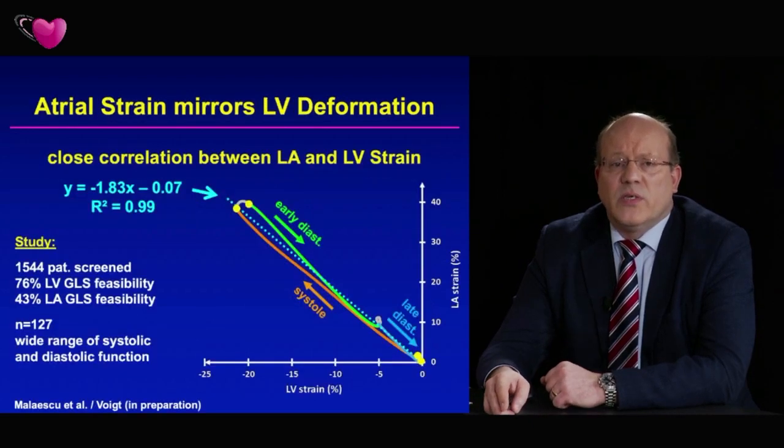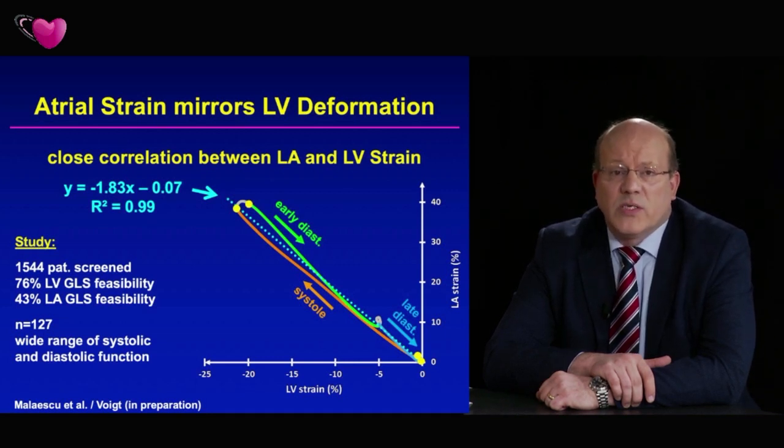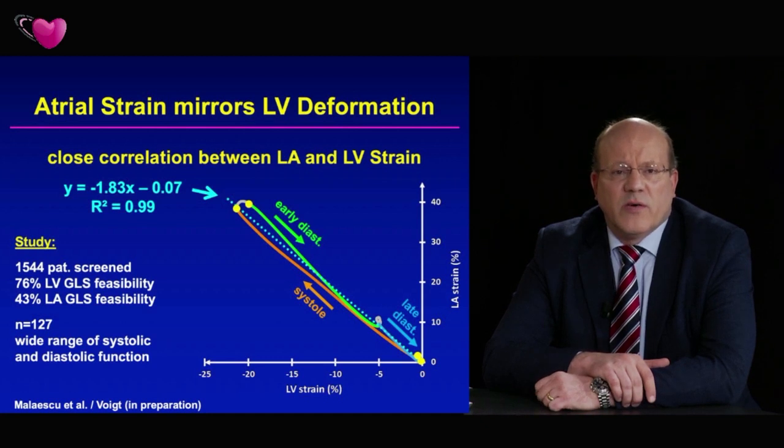We have looked into this in a large retrospective study in Leuven, where we screened more than 1,500 patients from our echo database. We tried to measure ventricular and atrial strain in those patients with limited feasibility, 76% for the global strain in the ventricle, which is probably the usual value that you would expect in the clinic.